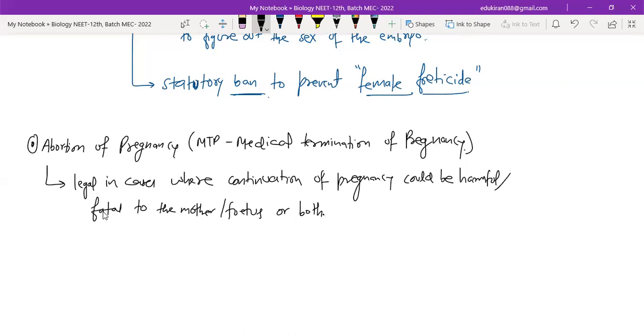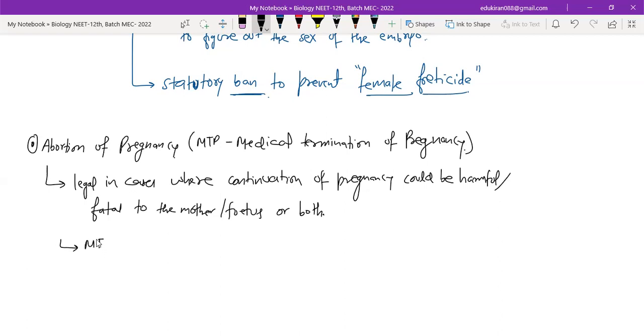Now there is one more layer to it. Even in cases where it's legalized, you can't terminate pregnancy whenever you want. It's not that. MTPs have a timeline in which they are safe.